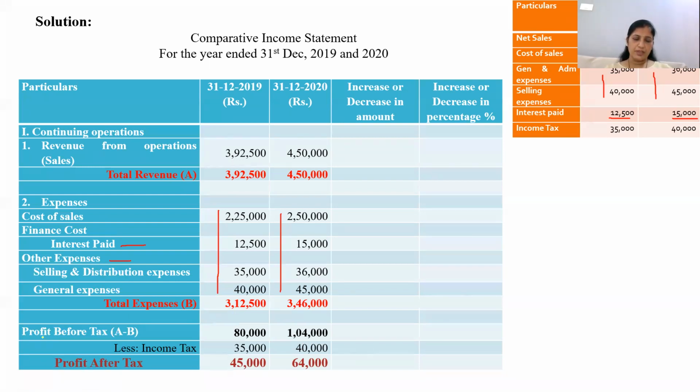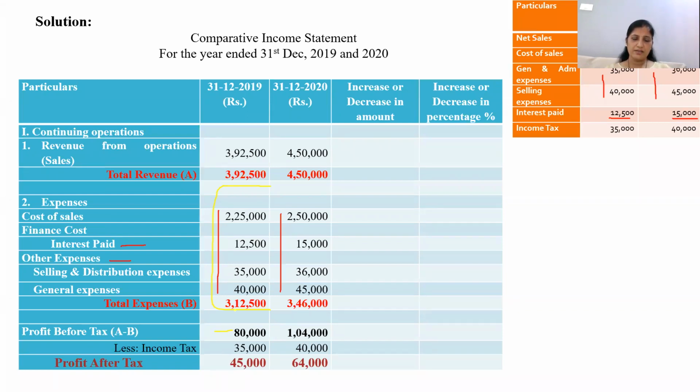Later on, 3,92,500 minus 3,12,500. That is profit before tax, A minus B. A is total revenue, B is total expenses. You will get profit before tax, that is 80,000.